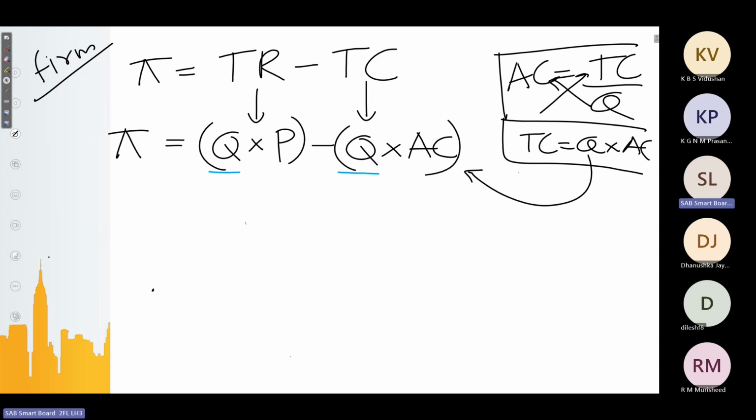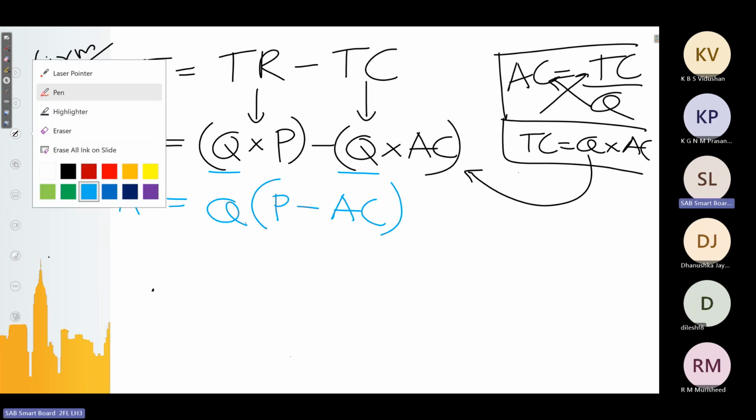When we see a common term, we can take it out. We can factorize it. So when taking Q out, P will be left in the first term, AC will be left in the second term. So I simplify this expression by taking the common term, which is Q, out. Then it becomes Q into P minus AC. Still it is about the profit.